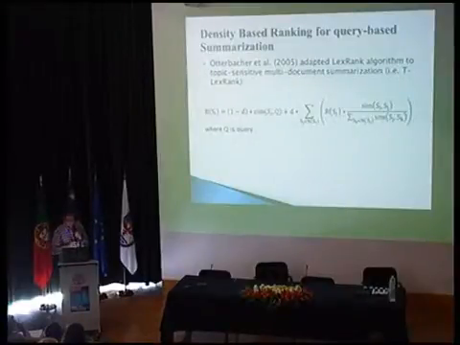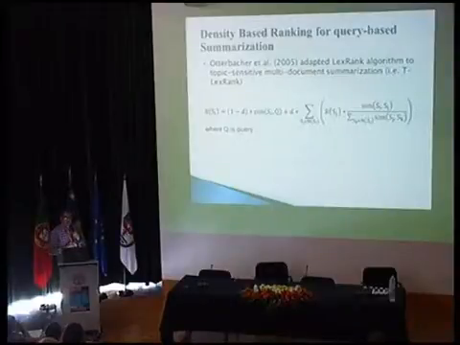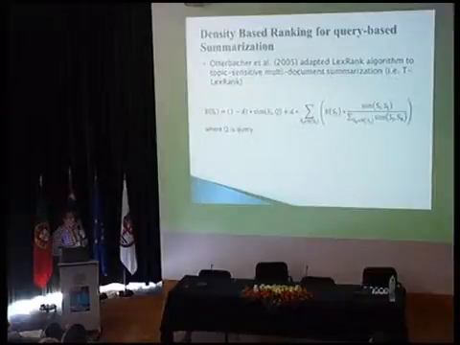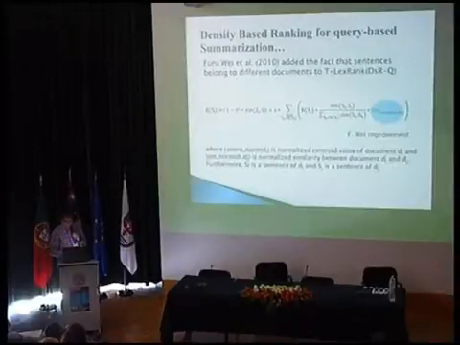Otterbacher adapted LexRank to query-based summarization, and they call this TLexRank. TLexRank is for query-based summarization, and they added this term, the similarity between the sentence and the query, to compute the score of the sentences.